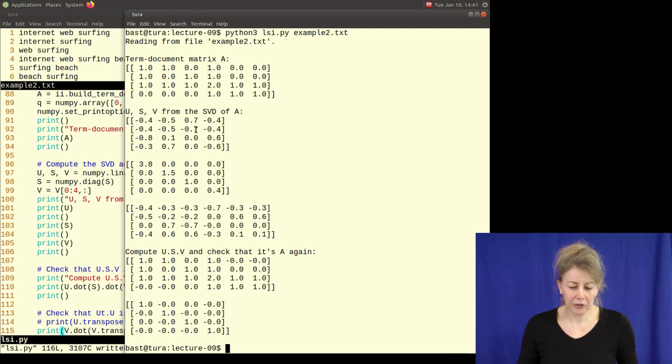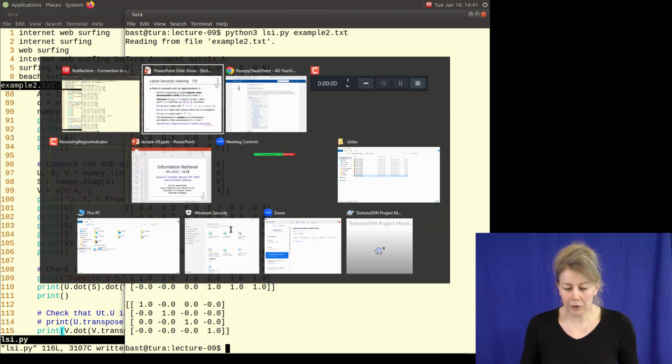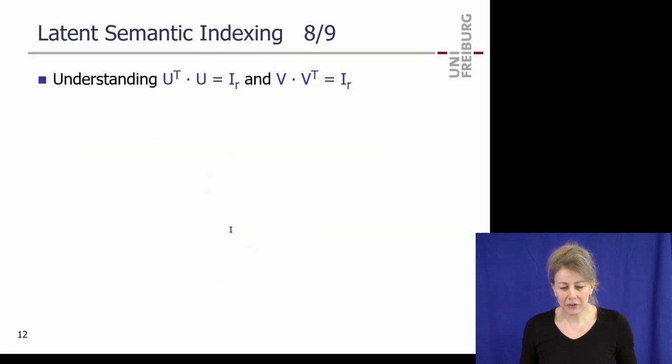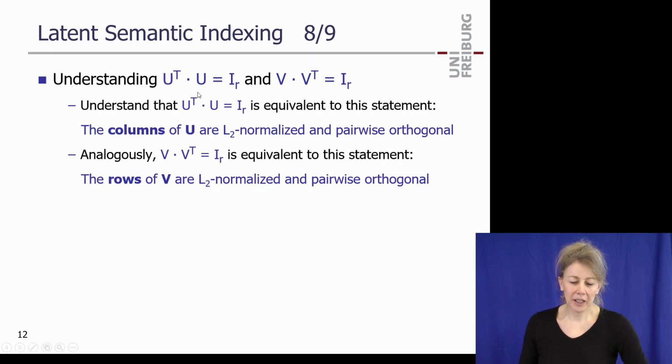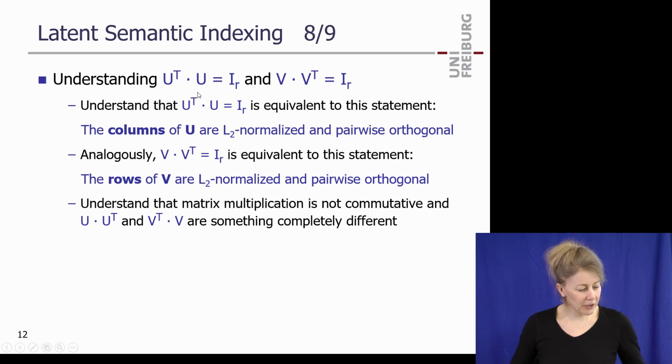So these matrices have a very particular property, and let's look at that property. What does this mean? It's important to understand.